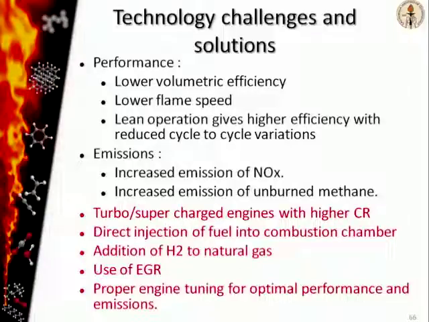You have a lower flame speed, which can be tackled by adding hydrogen to the natural gas to increase the flame speed of the mixture. And finally, in terms of emissions, you have increased emissions of NOx, which can be fixed by the use of exhaust gas recirculation. Coupled with all of these, you still need proper engine tuning to get the optimal performance from the engine, as well as to reduce the emissions.